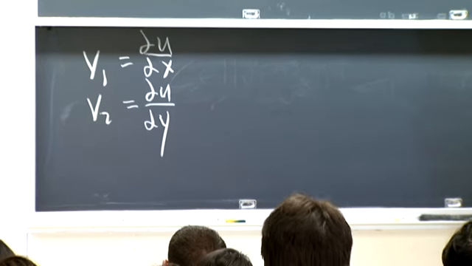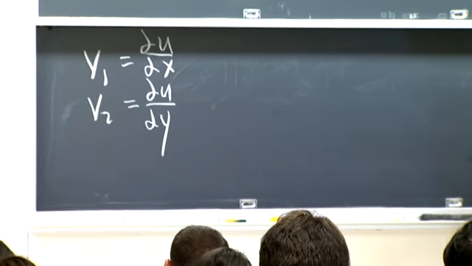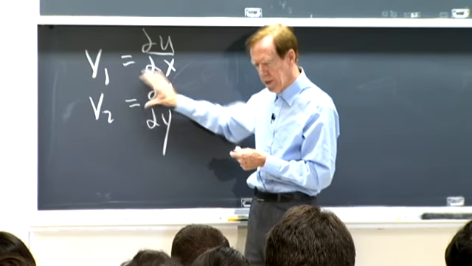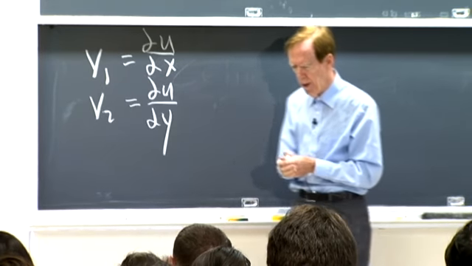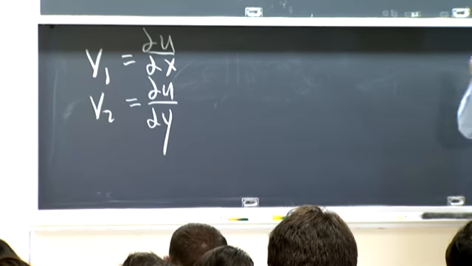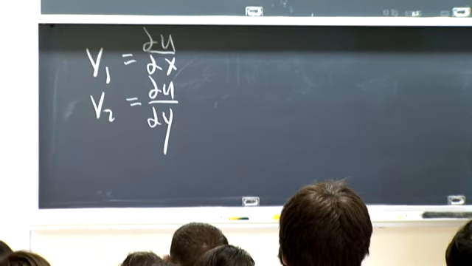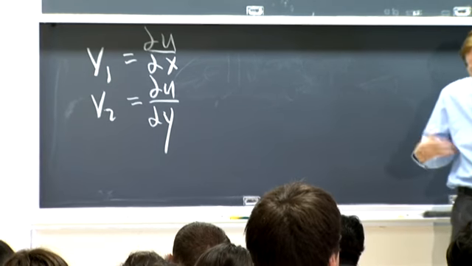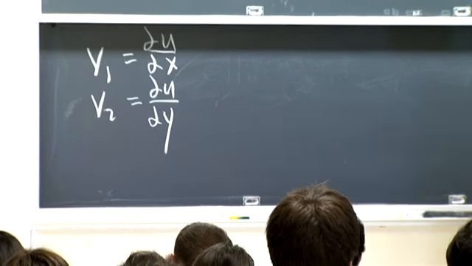So we have to find out what's the test for consistency for these to have a solution. And this brings us right away to the key identity from partial derivatives.